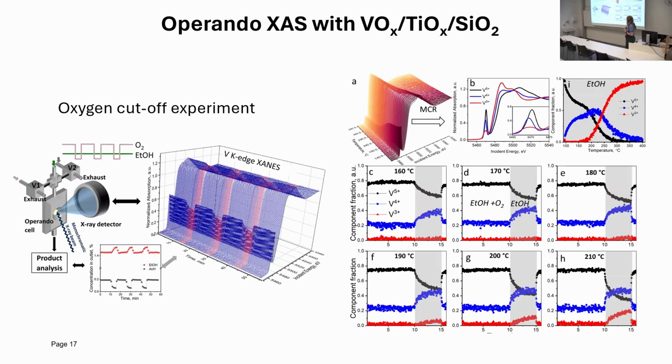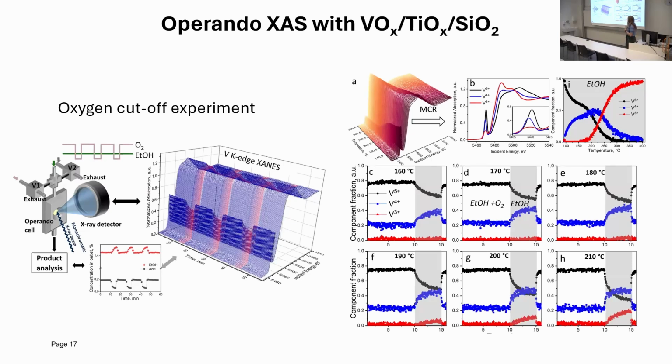Then we were able to plot the trends of how the concentration of all these components changes as a function of time. In the white you see ethanol plus oxygen, and in the gray you see where we switched off the oxygen supply.